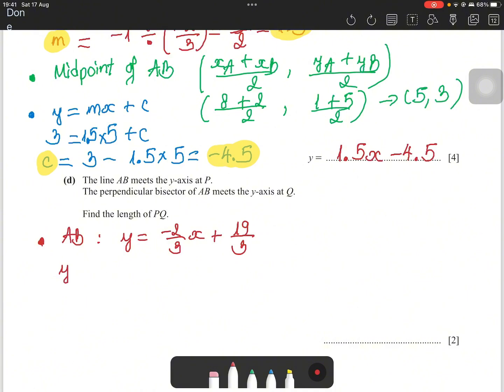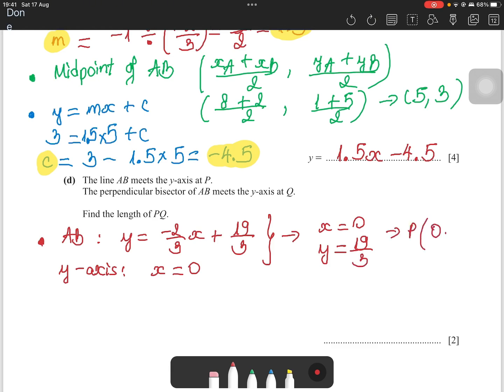And the equation of the y-axis is x equals 0. So if we substitute x equals 0 into this, then we will get x equals 0 and y equals 19 over 3. So this means the point P is (0, 19 over 3).